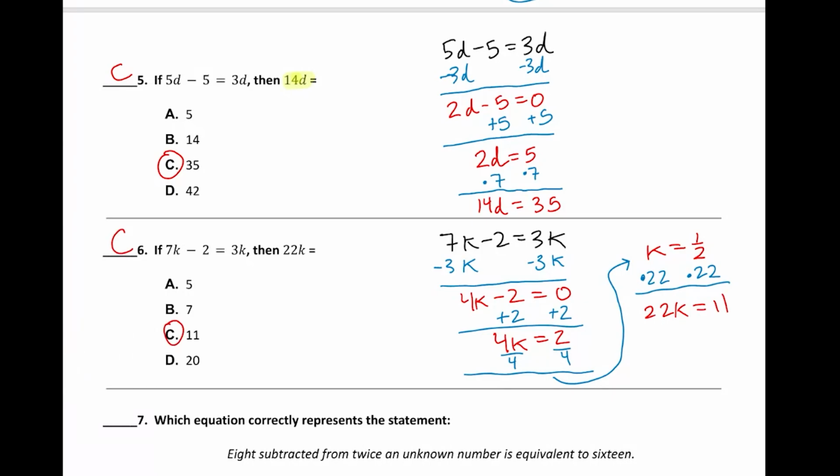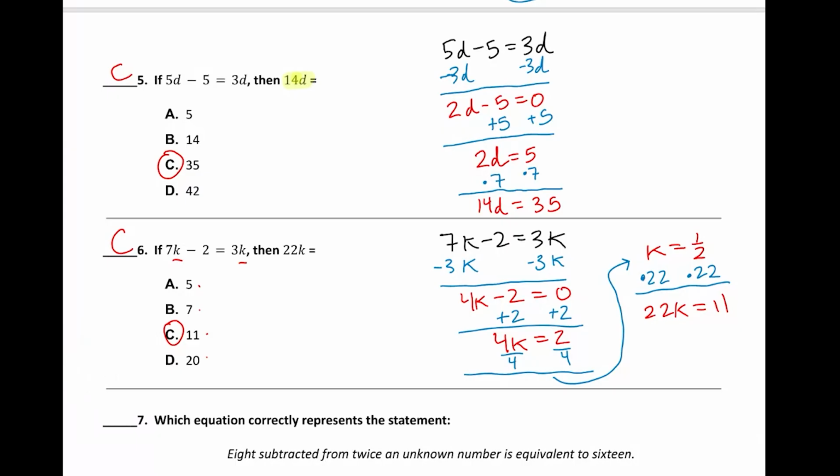Now on both of these problems, you want to be a little careful because you can't just go ahead and plug in all the answer choices in the same way that we did all those equations on the first page. Because we are trying to find, like in 5 14d or 6 22k, if I try to plug 5, 7, 11, 20 into k, you're going to find that none of those work.